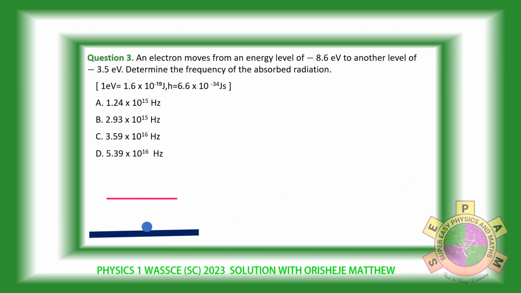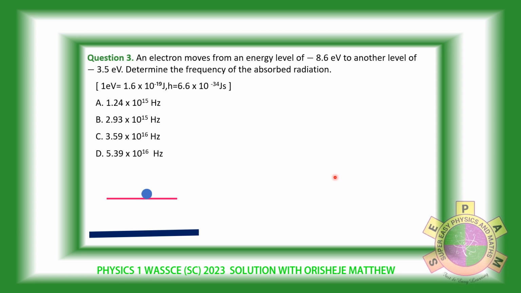Question 3. An electron moves from an energy level of -8.6 electron volts to another level of -3.5 electron volts. Determine the frequency of the absorbed radiation. So the electron moves from this energy level to this energy level.